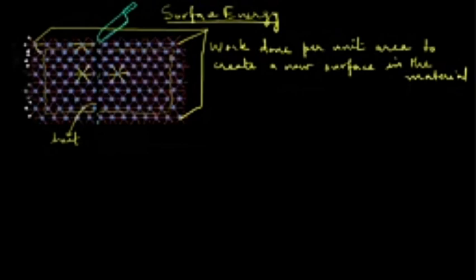Let me pick another color. The reason I have different colors here is to show you the variety of interactions these surface atoms can have, the variety of chemical bonds they can form. The eventual goal is basically to form all these bonds and reduce their overall surface energy.